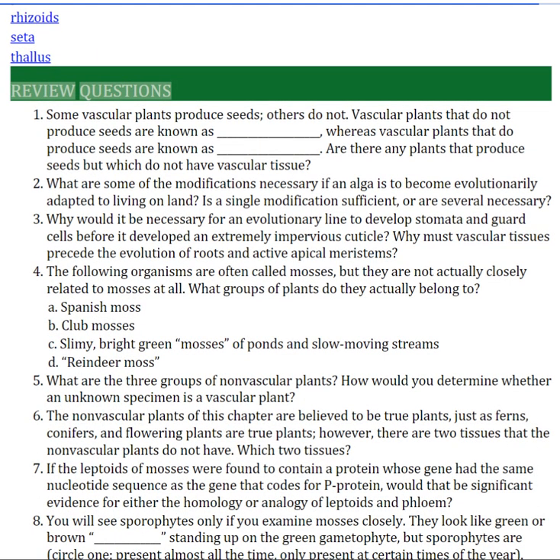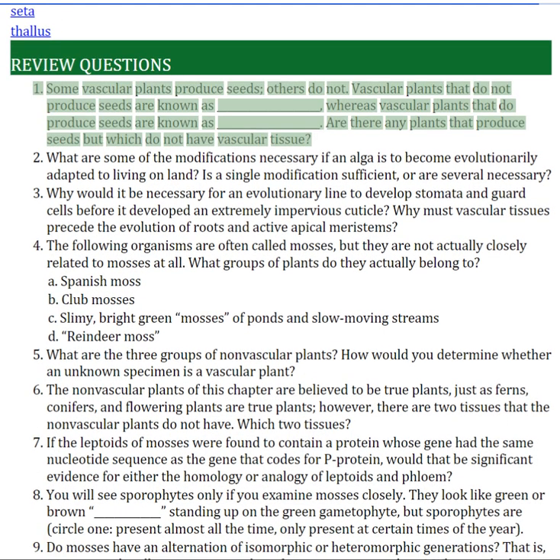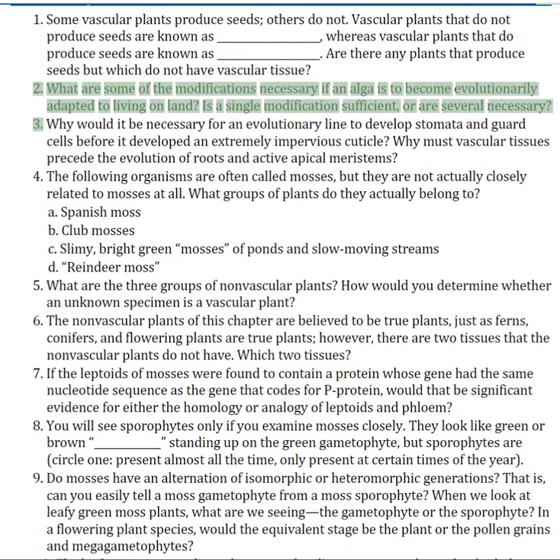Review questions. 1. Some vascular plants produce seeds, others do not. Vascular plants that do not produce seeds are known as ___, whereas vascular plants that do produce seeds are known as ___. Are there any plants that produce seeds but which do not have vascular tissue? 2. What are some of the modifications necessary if an alga is to become evolutionarily adapted to living on land?